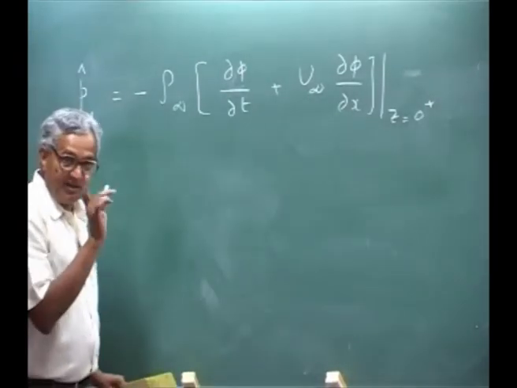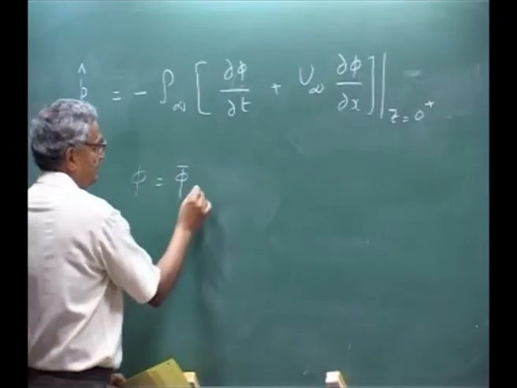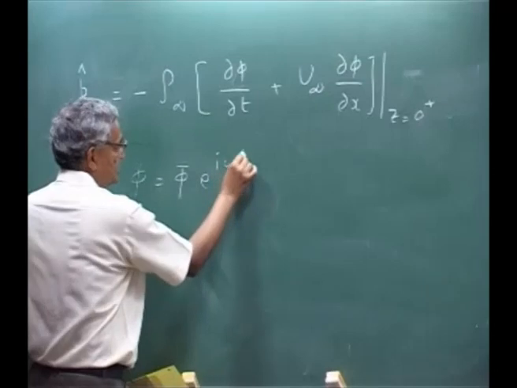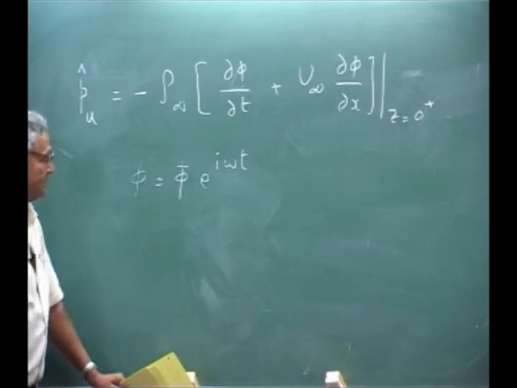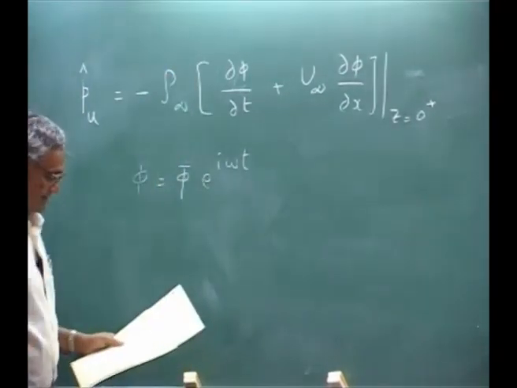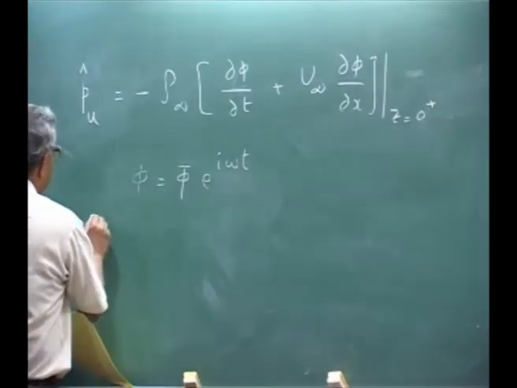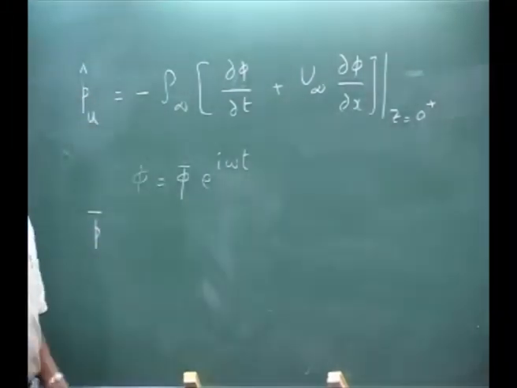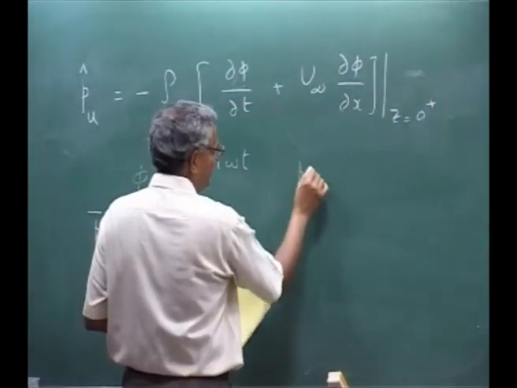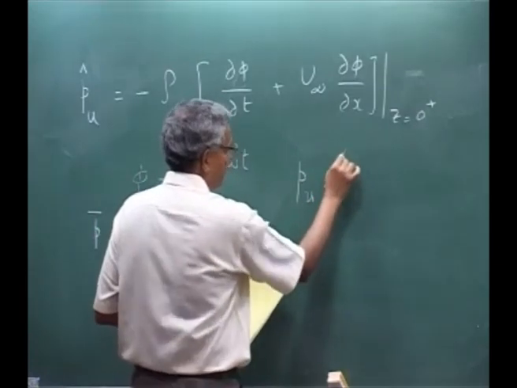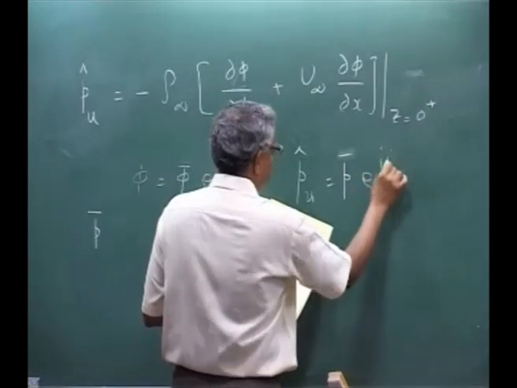Now, what we assume is phi equals phi bar e power i omega t. Now I am going to substitute this here. If I substitute, this will become P bar, because pressure is also fluctuating, this is P hat, maybe I will put it like this, times e power i omega t.